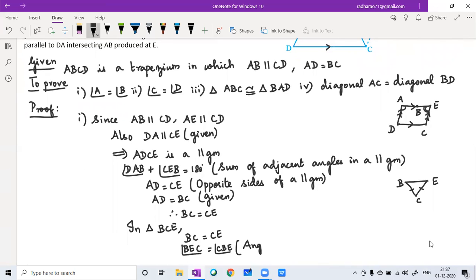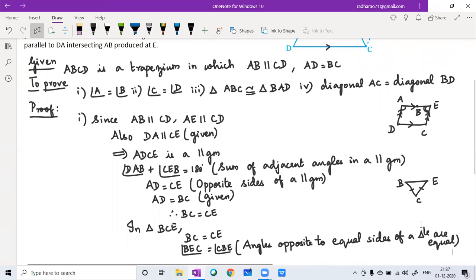Angles opposite to equal sides of a triangle are equal. So BEC is equal to CBE.